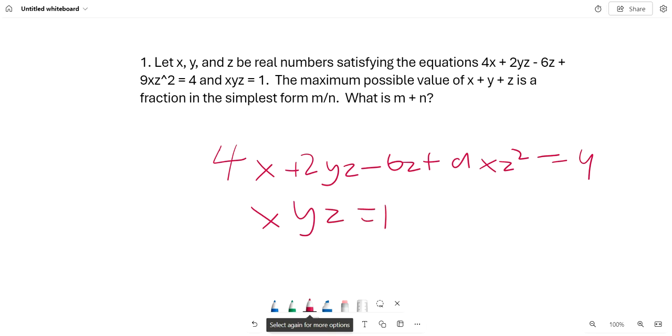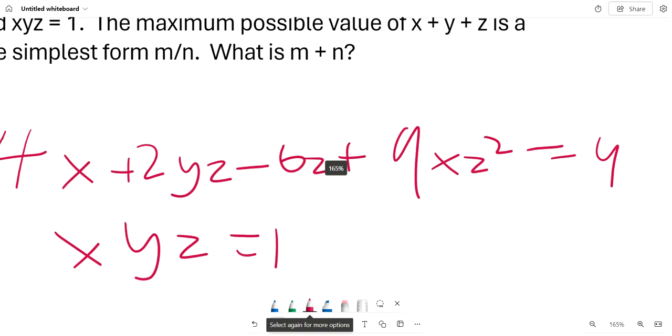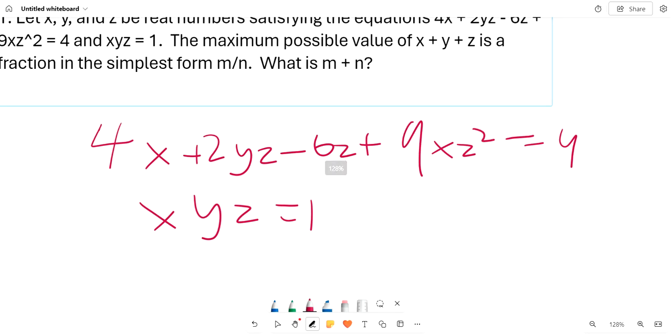First we notice that if we can make this an x squared z squared, it would be pretty good because then it'd be squareable. And same thing here, if we have an x over here, then it would make it a perfect square. And so let's multiply this entire equation by x.